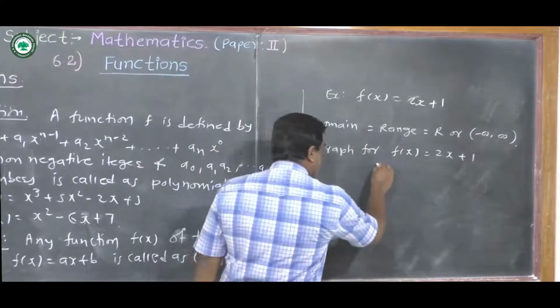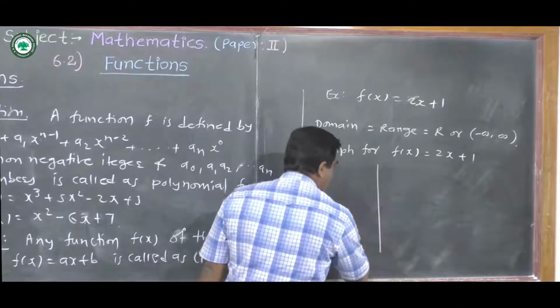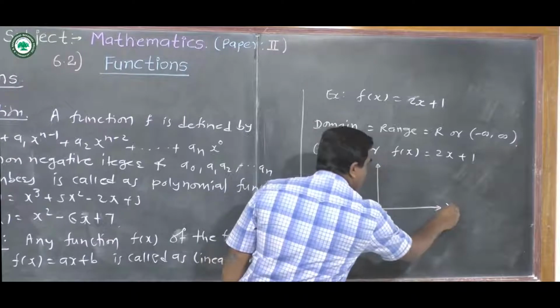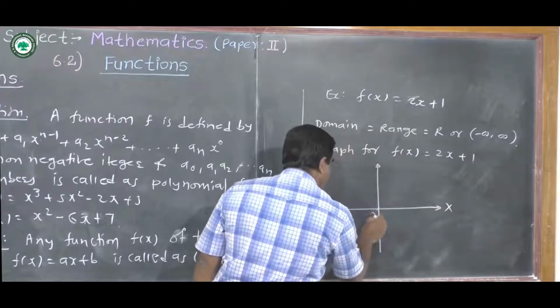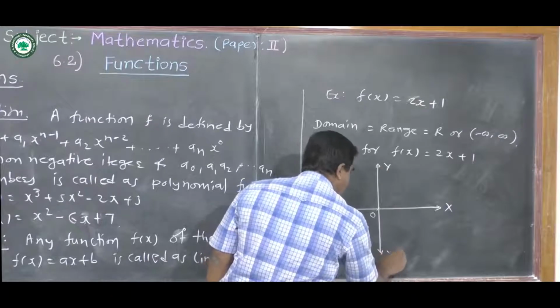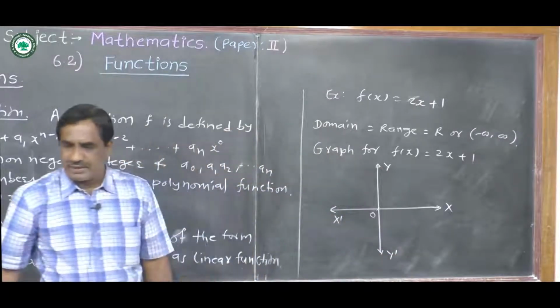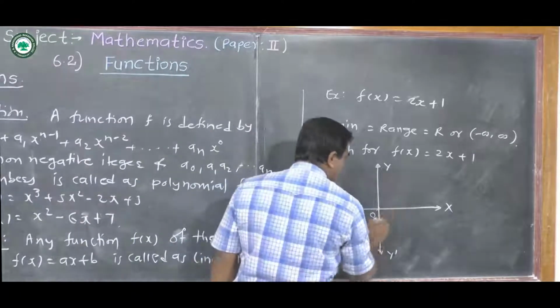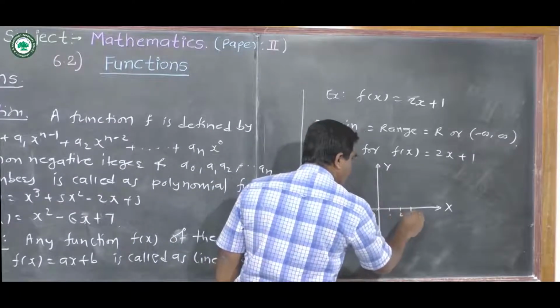Okay. Now here also we can draw coordinate system again. X O x dash, y O y dash. You can take scale on x axis, y axis also, 1, 2, 3, so on.